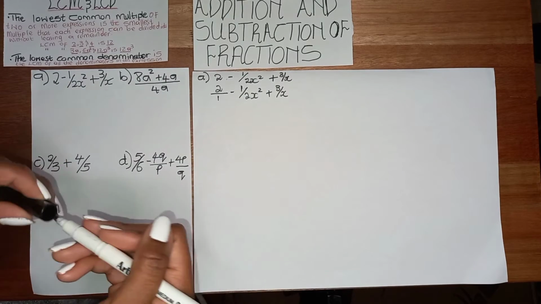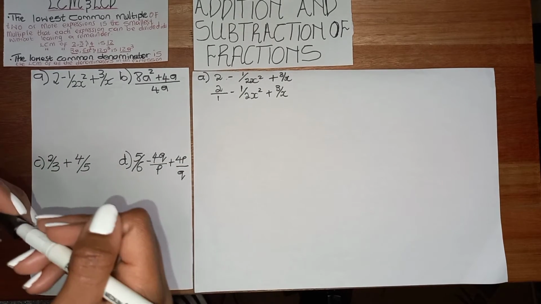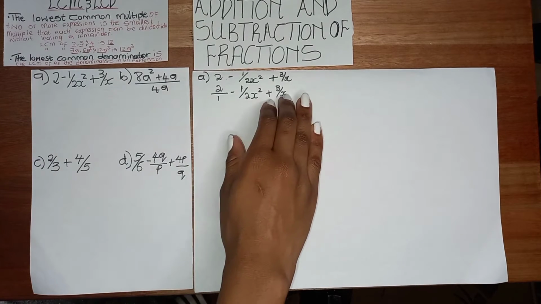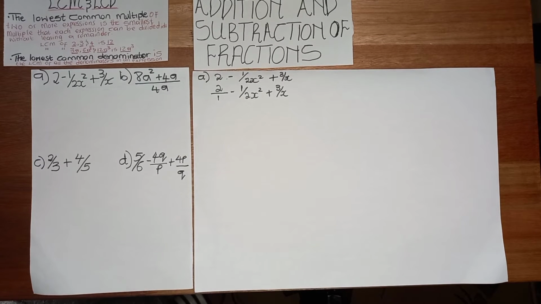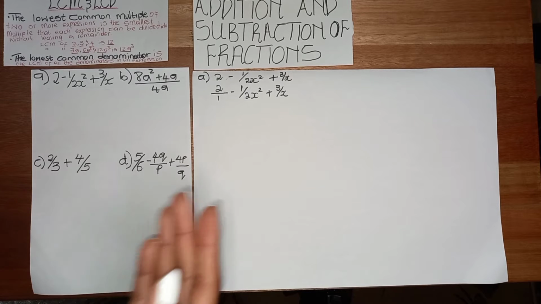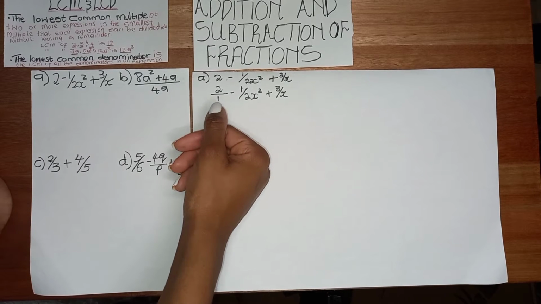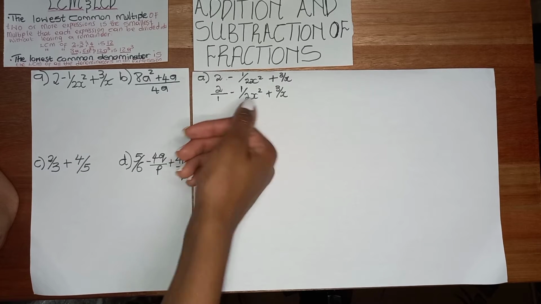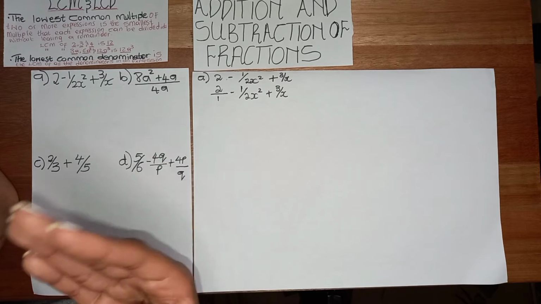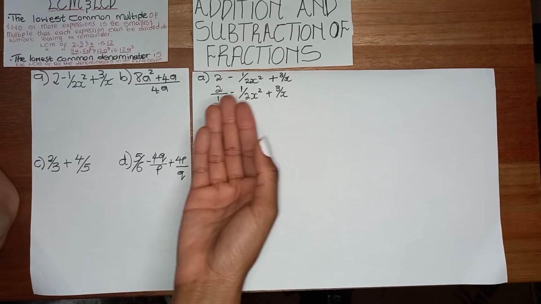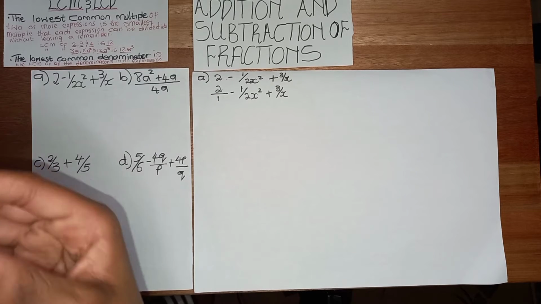When we are looking at this, we have to find the lowest common denominator. We have to make the denominators the same, and we can do that by looking for the LCD. Firstly, you look for the LCD of the numbers. The numbers that you have here are 1, 2, and 1, and the smallest number that you can change these numbers into is 2.